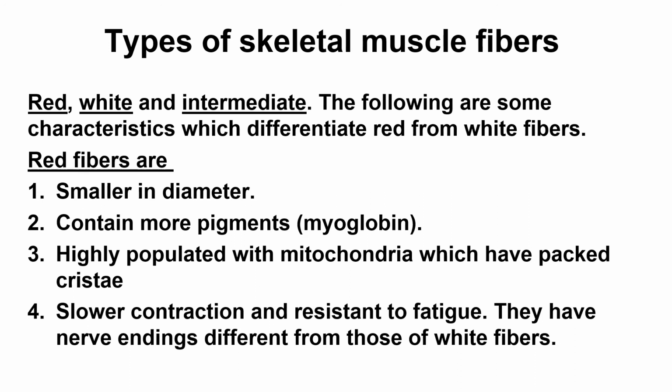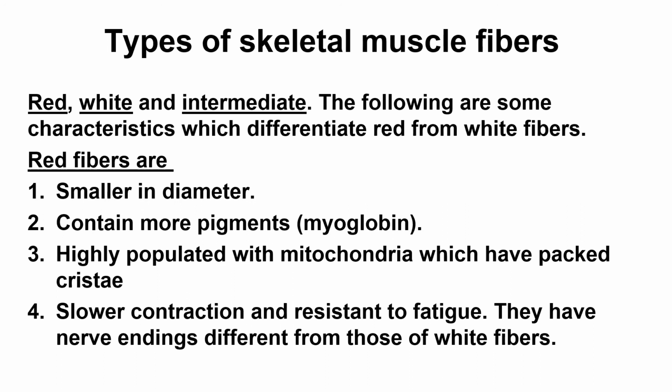For example, rapidly contracting muscles like tibialis anterior have a lot more white or fast muscle fibers than red or slow fibers. On the contrary, the soleus muscle responds by slow but prolonged contraction, and it has a lot more slow muscle fibers than white or fast fibers.